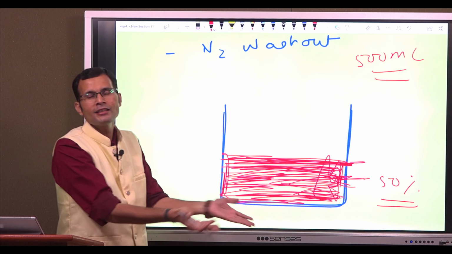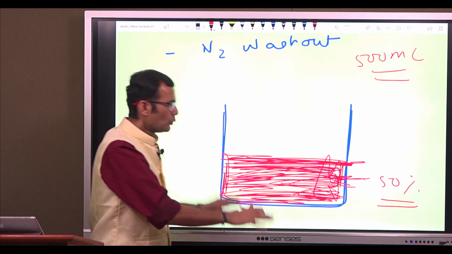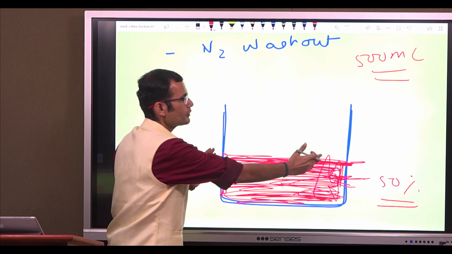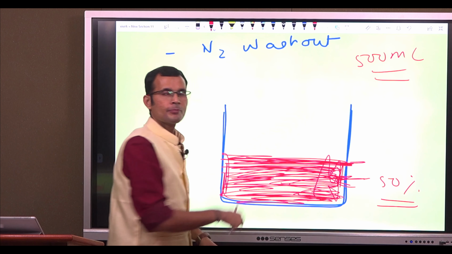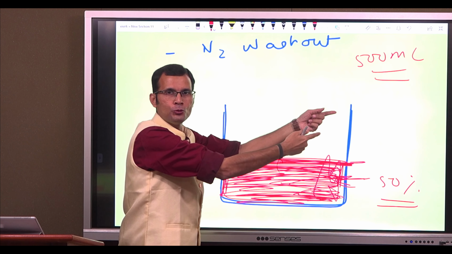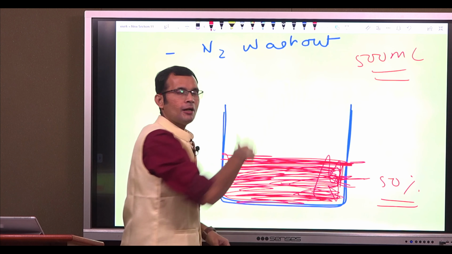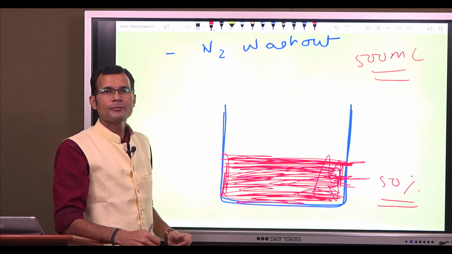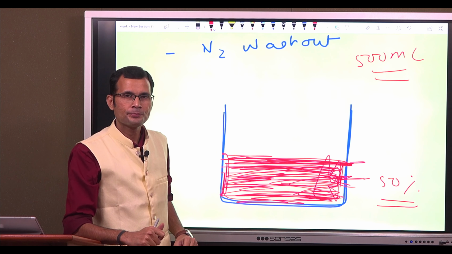Come on, the answer is obvious, 1000 ml, isn't it? If I know that this powder was occupying 50% volume of the cup, and that 50% amounts to 500 ml, then what is the volume of the cup? 1000 ml, isn't it? That is a simple explanation of this particular method.